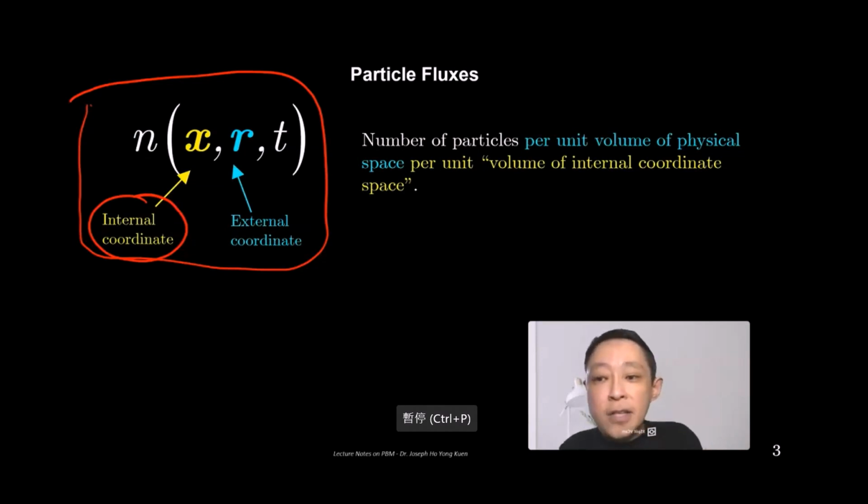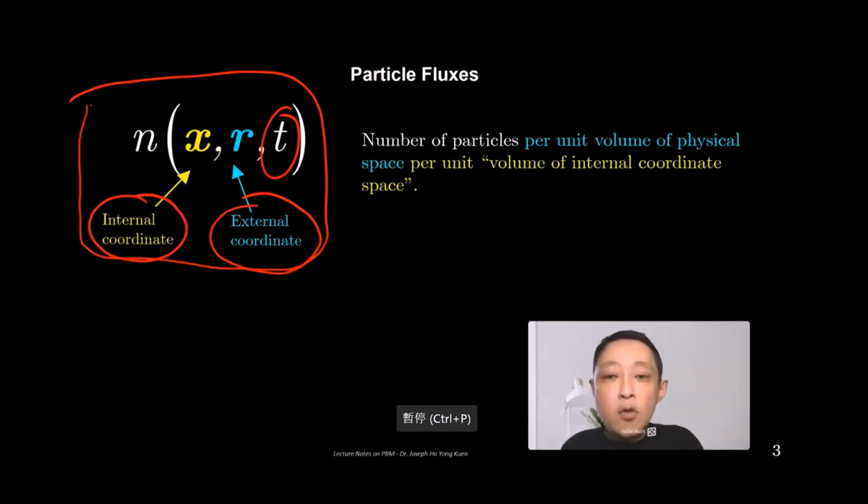So it's a general function of the internal coordinate as well as the external coordinate, which is your physical space. And it can also be a function of time, which is very obvious. We want to model how the number density changes with time. So this is the number density function that we are after for our process.